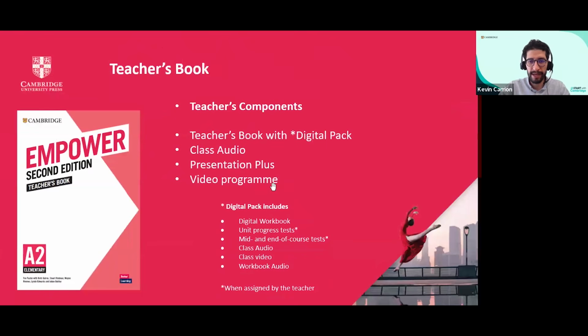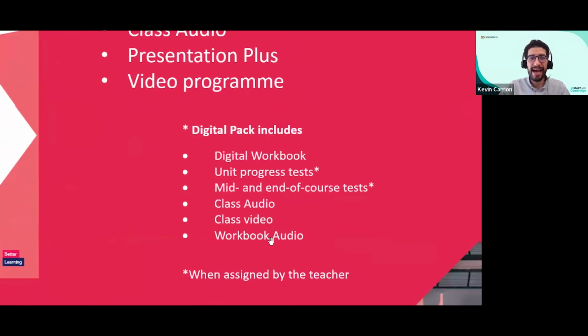Just before I move on to showing an example of a video program video, I'm going to just finish pointing out this part of the digital pack. Remember, the digital pack refers to the resources that are available on Cambridge One platform. So you can find, again, your digital workbook, the unit progress test, mid and end of course tests, which are the competency tests we mentioned.